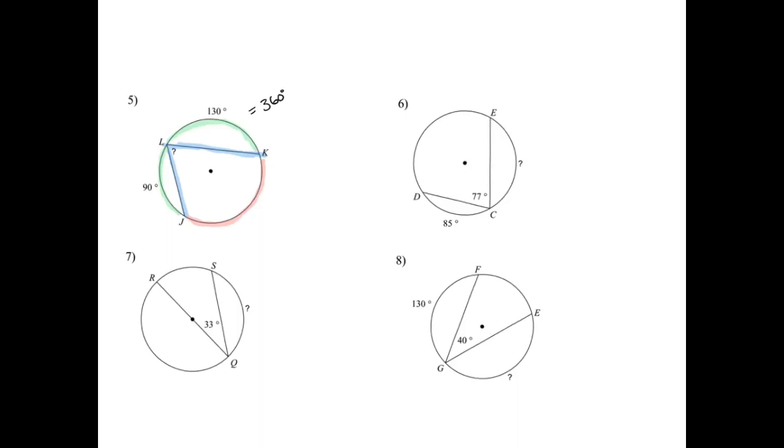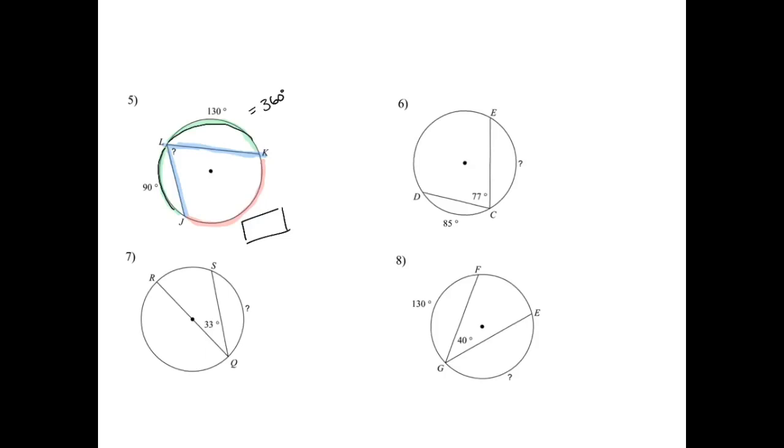All the arcs around that circle should have a sum of 360 degrees. So I know this circle is made up of LJ, LK, and JK. So if LJ and LK are 90 degrees and 130 degrees, then I can subtract those from 360 and figure out what that missing arc is.